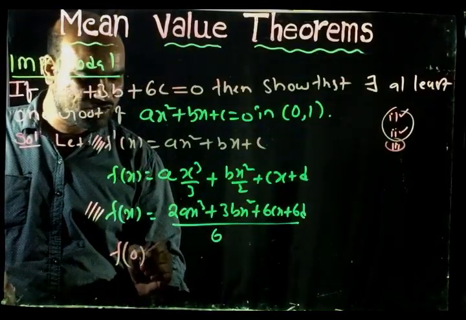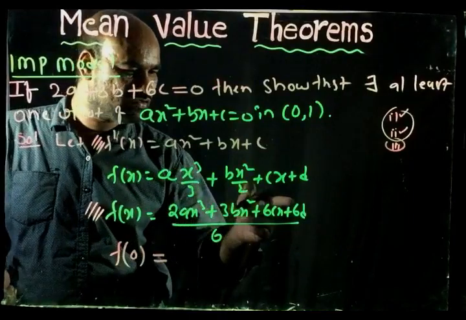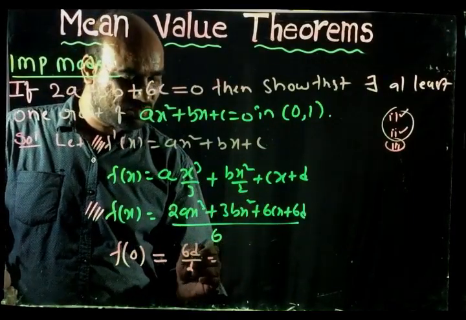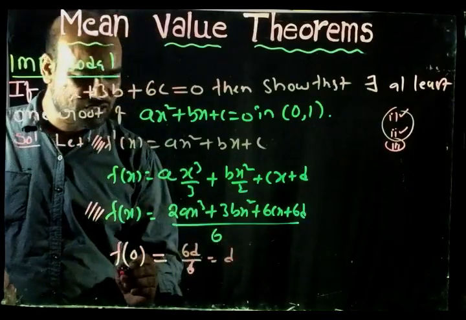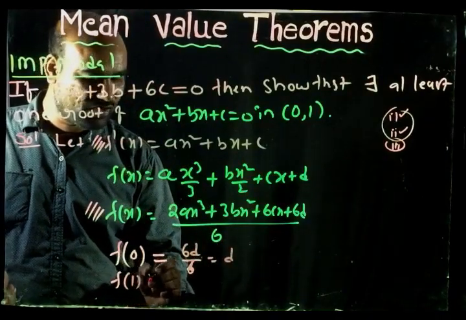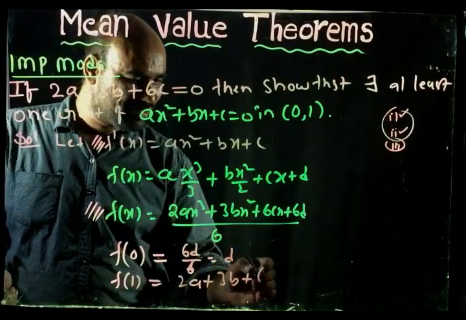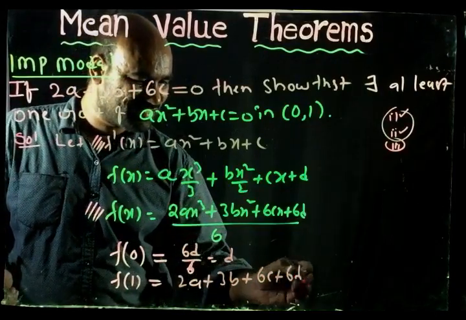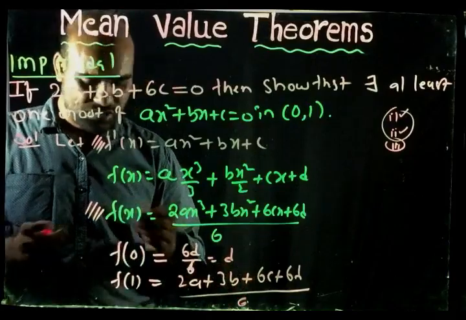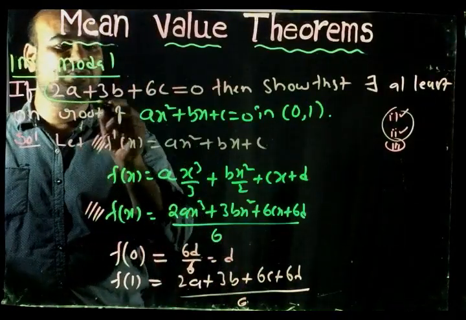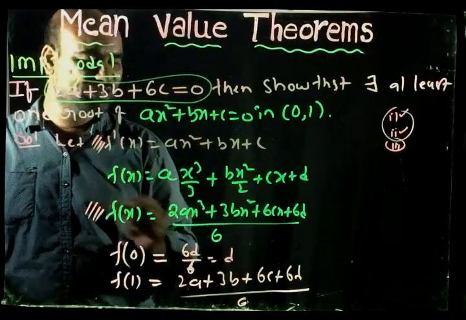f(a) is f(0), which is 6d by 6, that is equal to d only. Next I am finding f(1). f(1) means (2a plus 3b plus 6c plus 6d) by 6. According to the problem, 2a plus 3b plus 6c is 0 only.